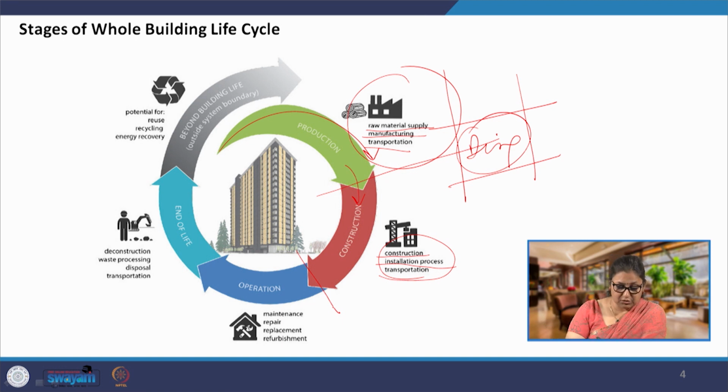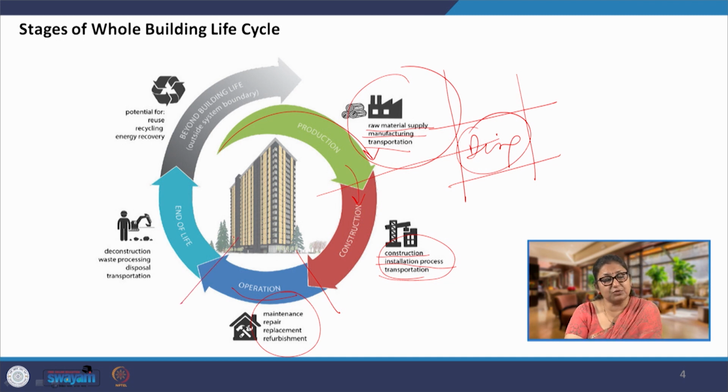In addition to the use of building, we have the regular maintenance, repair, replacement, refurbishment works, and that is all part of operations. So, it is not just building envelope, we are talking about all the equipments and services that are going within the building and are going to be used by different stakeholders, users.